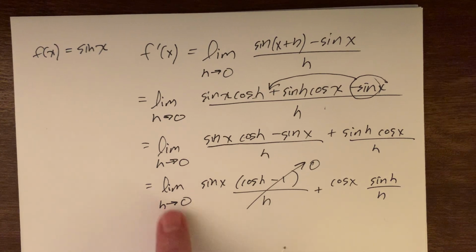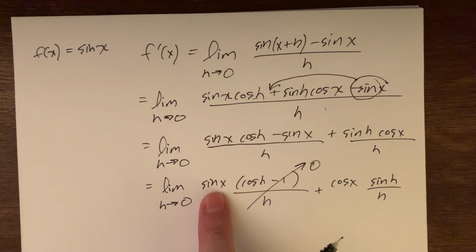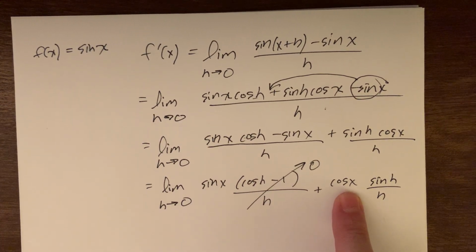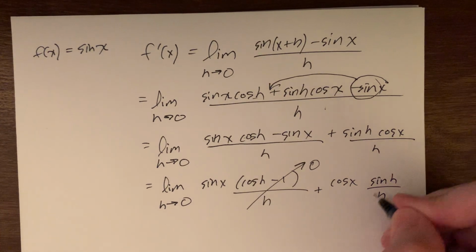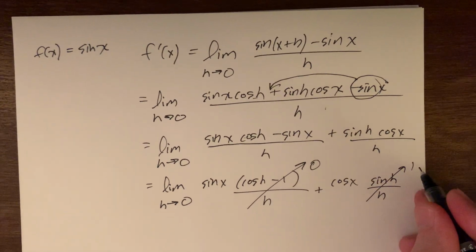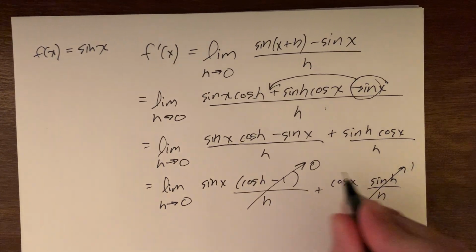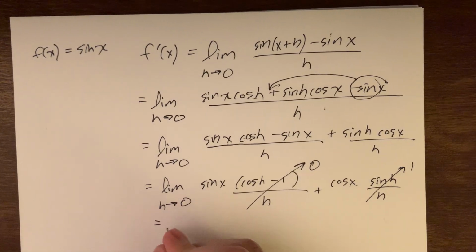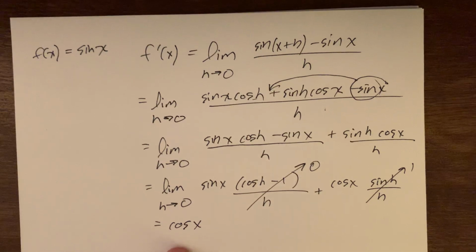Recognize, everybody, h is the variable according to this limit. So the sine x, don't plug in h is 0 here. Same thing, cosine x, don't plug in h is 0 here. But there's an identity, and this goes to 1. 0 times sine plus 1 times cosine equals cosine.